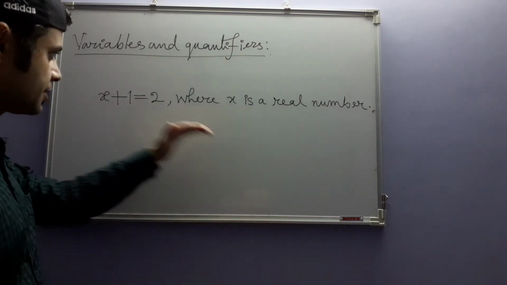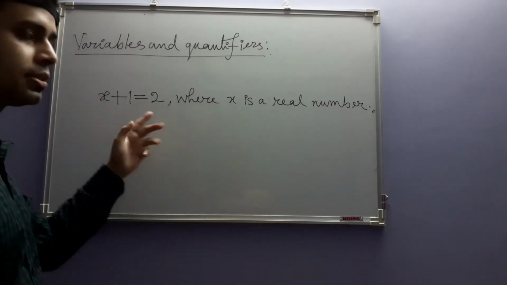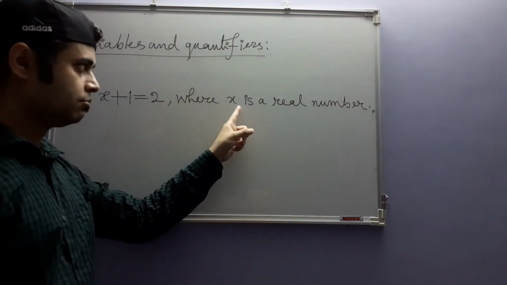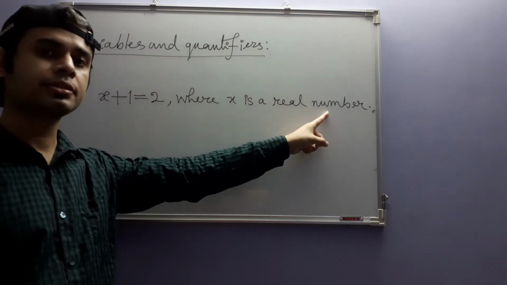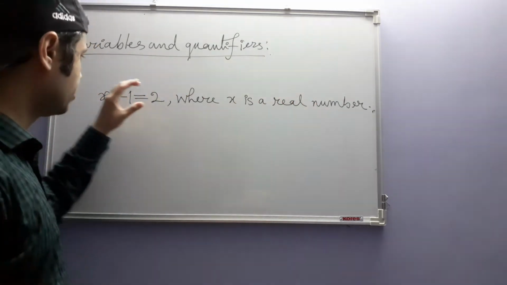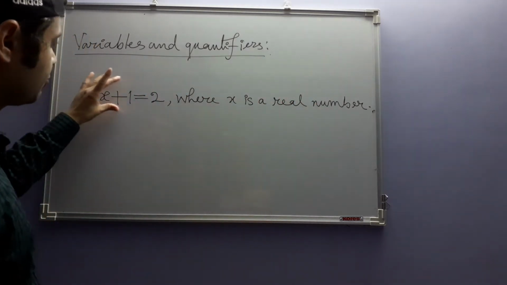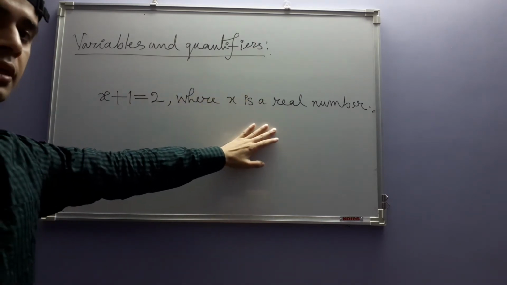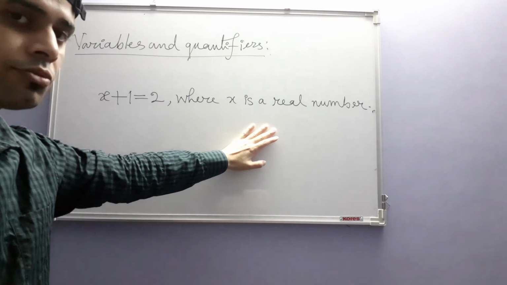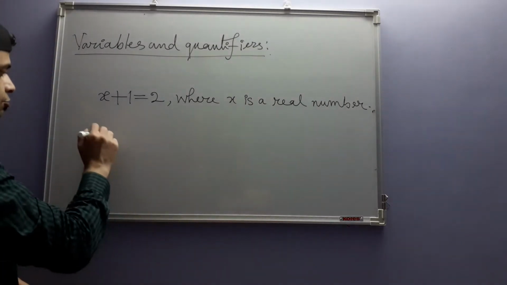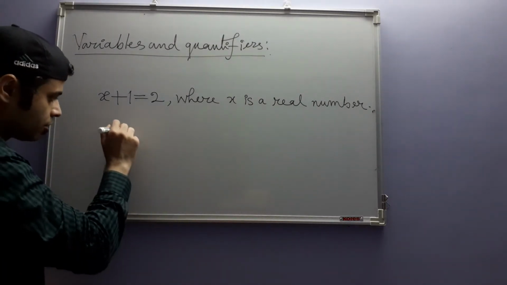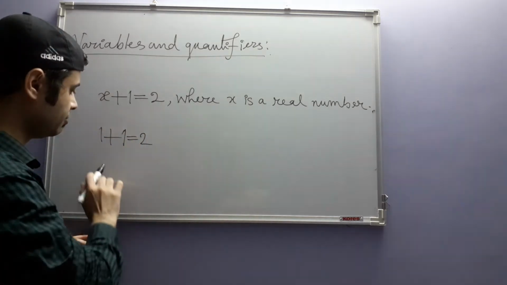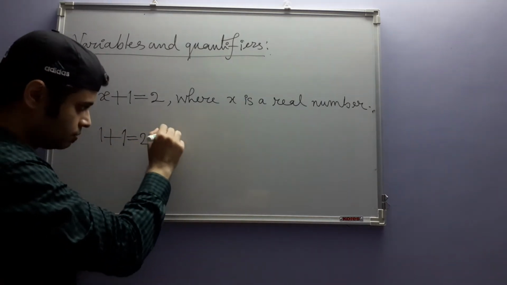Now in this statement, x is of course a variable, but note that we have said that x is a real number. Now, as I have already told you, a statement is a sentence that is either true or false. For a statement not involving a variable, it has a definite truth value. For example, this is true.